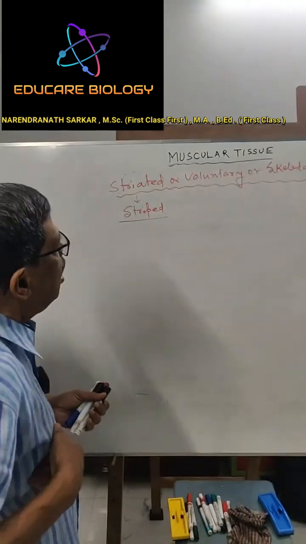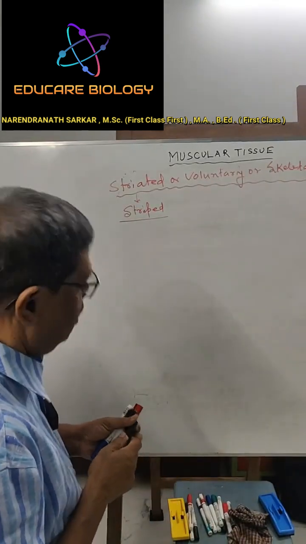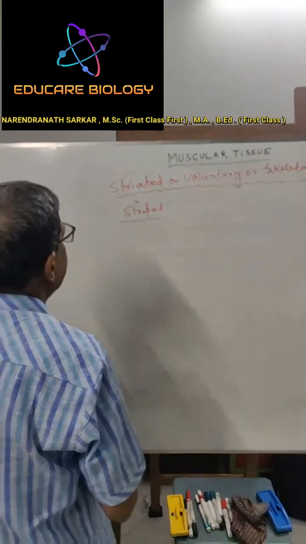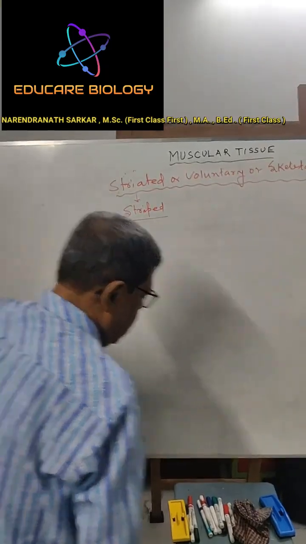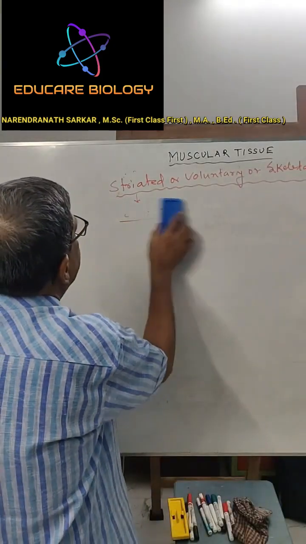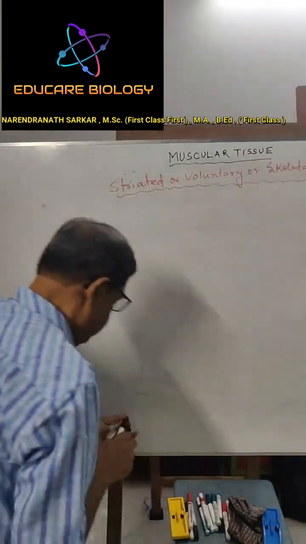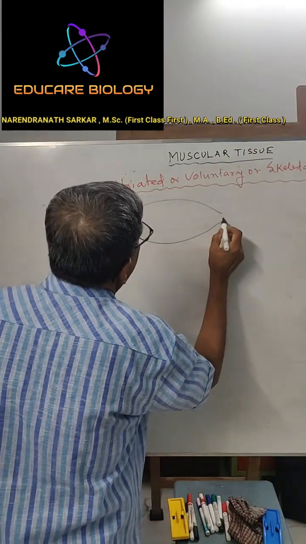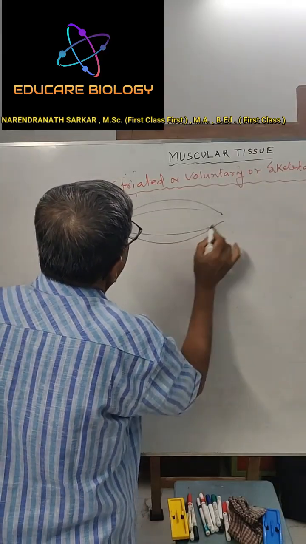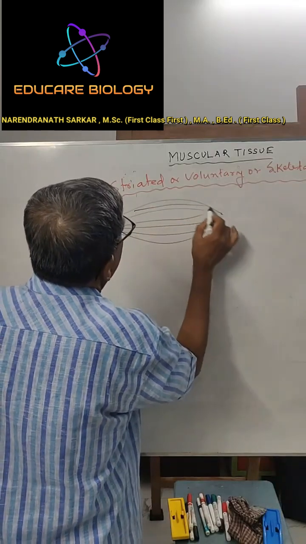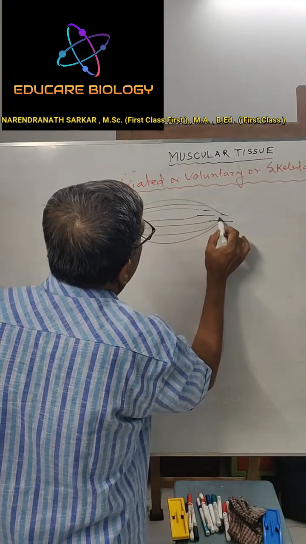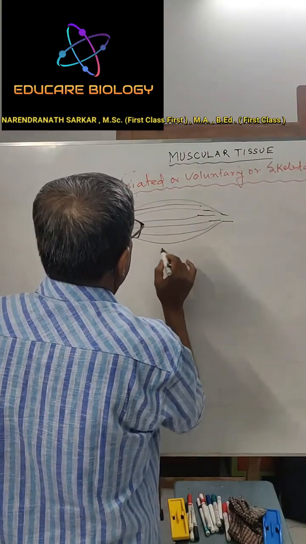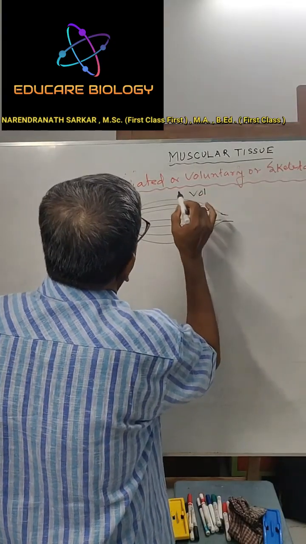Next, I will show you the characters of striped muscle. First of all, I will draw the striped muscle. This is the voluntary muscle.